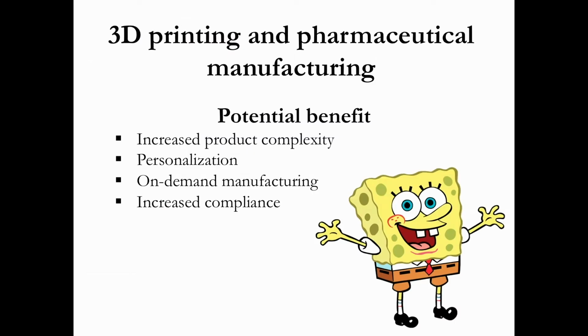But there are a lot of potential benefits to using 3D printing in pharmaceutical manufacturing: increased product complexity, personalization, on-demand manufacturing, and increased compliance. So probably, in the future, a man can enter a pharmacy and ask for personalized pills, and the pharmacy can print the pills on the spot.